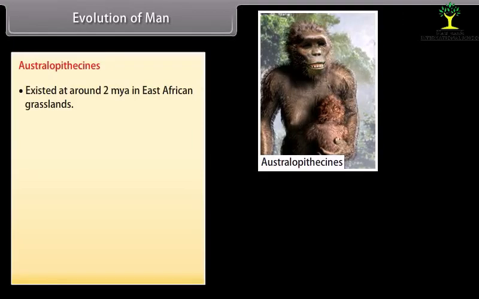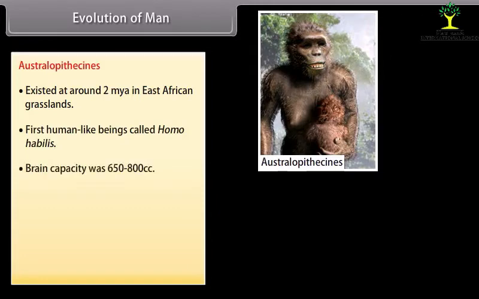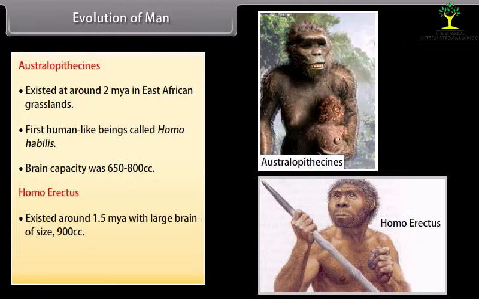Australopithecines existed at around 2 million years ago in East Africa grasslands. First human-like beings, called Homo habilis. Brain capacity was 650 to 800 cc. Homo erectus existed around 1.5 million years ago with a large brain of size 900 cc, ate meat.